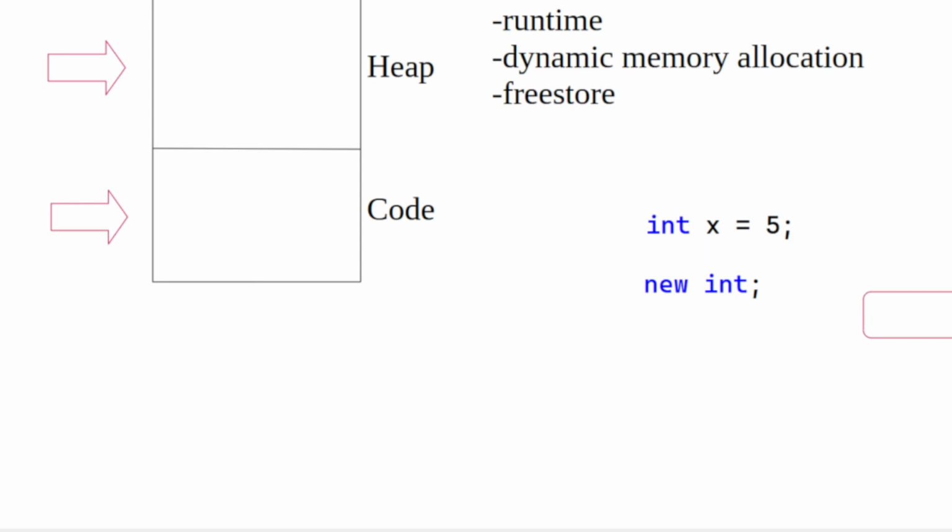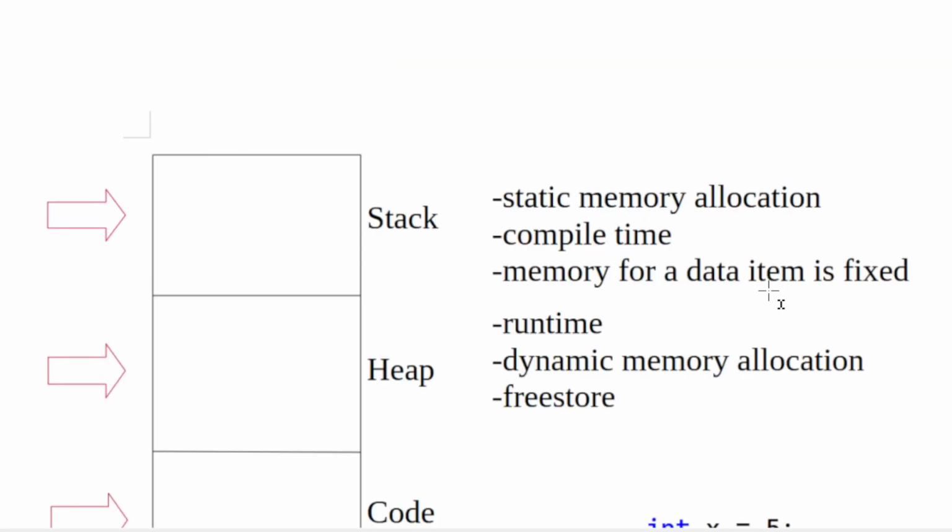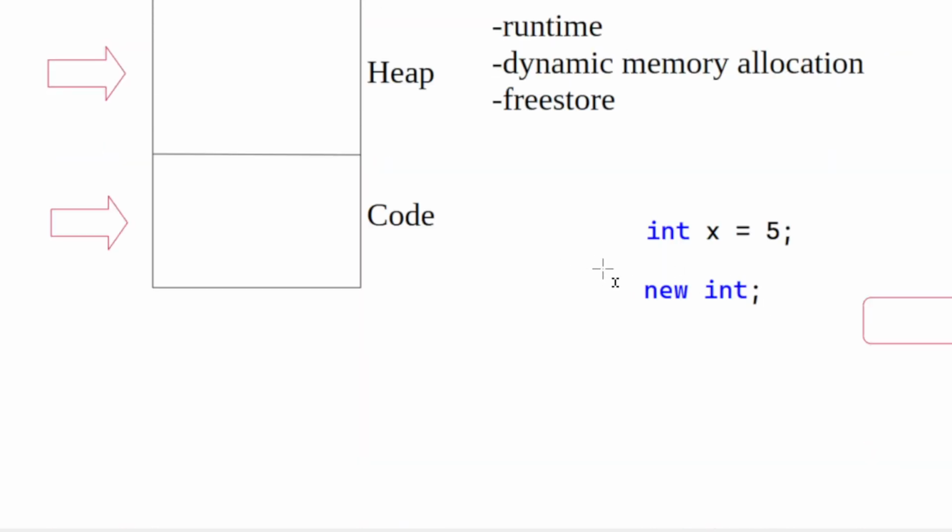And the good thing is that this expression returns a pointer to the memory space. This is the memory space allocated, and it returns the address of this memory space. And you can make an integer pointer point to this memory space.